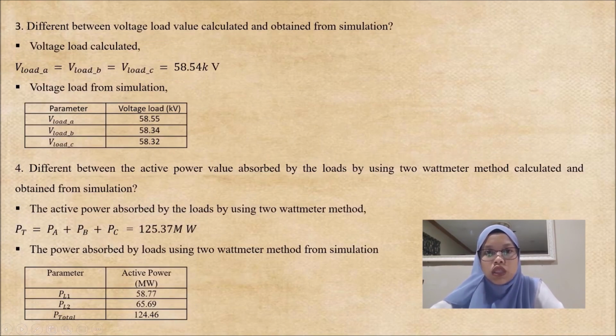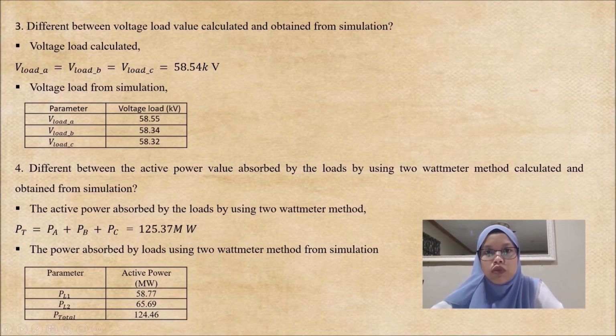Then the voltage load calculated is 58.54 kilovolt. It is also slightly different from the value obtained from the simulation. Voltage load at A is equal to 58.55 kilovolt, voltage load at B equals 58.34 kilovolt, and voltage load at C is equal to 58.32 kilovolt.